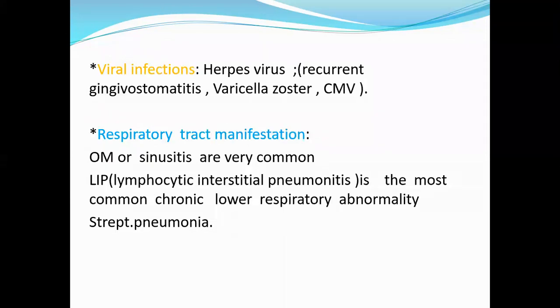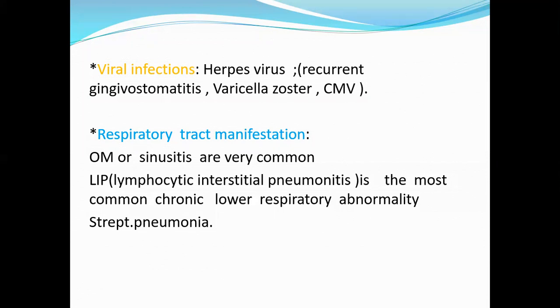The common viral infection in the HIV child is herpes virus, which causes recurrent gingival stomatitis. Of course, these are painful lesions and may affect the eating of the child with time. Also, varicella zoster, which causes chickenpox, and cytomegalovirus infection. Common respiratory manifestations: otitis media or sinusitis is very common.